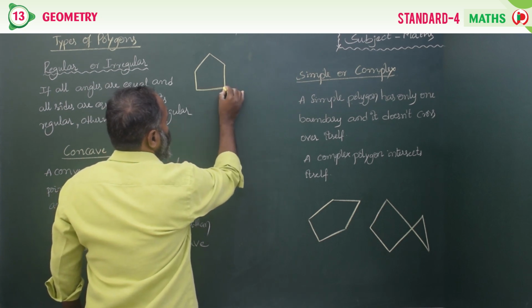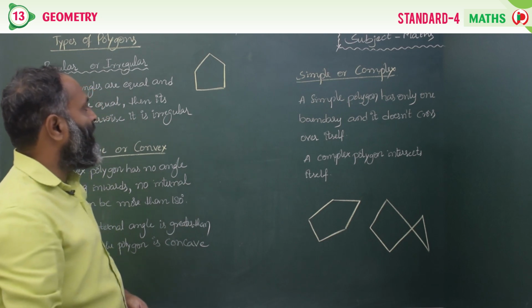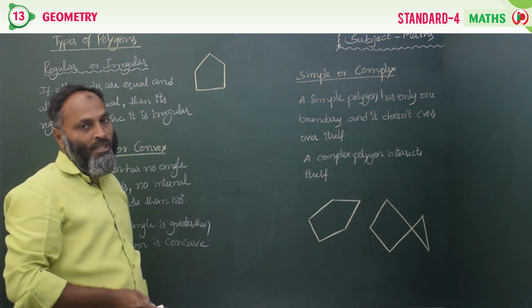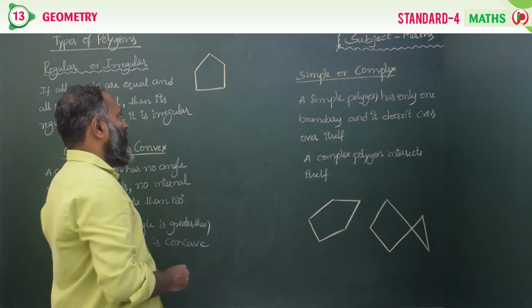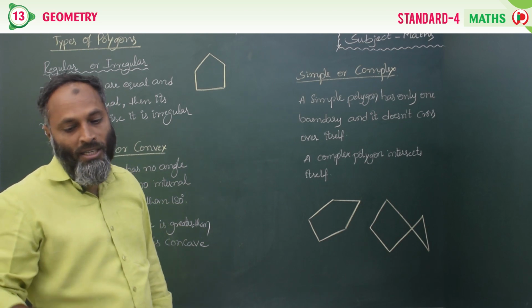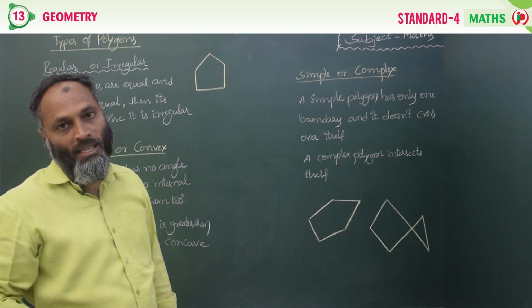Here all the 5 sides are equal in length, and all the 5 angles are equal. If all the 5 sides and 5 angles are equal, then that is a regular polygon.